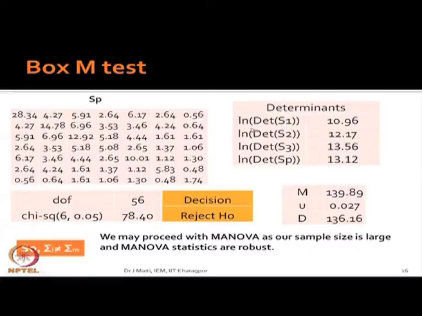Now, then you find out log determinant of S1, what is already there, S1 is there. So, in this case this is 10.96, log determinant of S2 is 12.17, log determinant of S3 is 13.56, log determinant SP is 13.12, and then we calculated M. How we have calculated M?